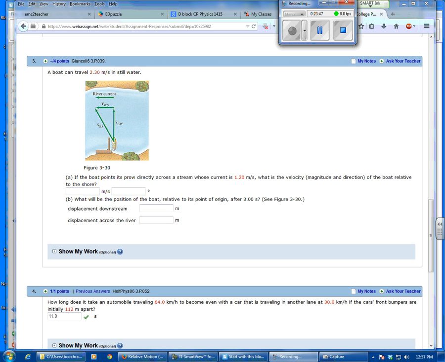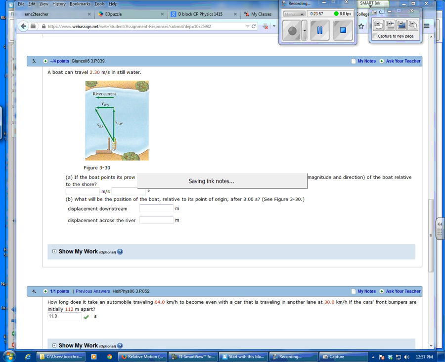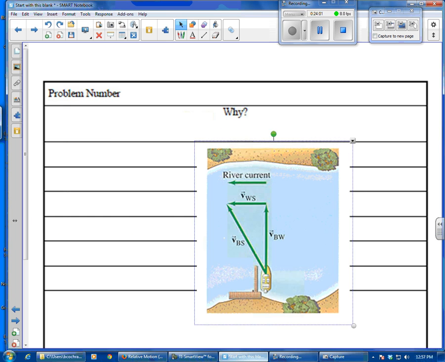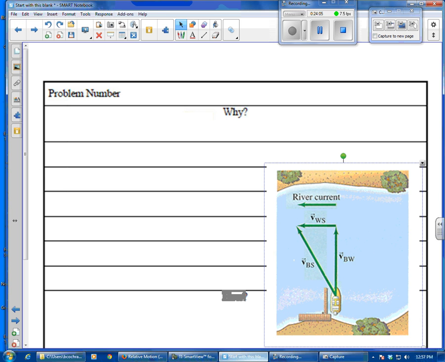Saved, nicely done for us. So let's go ahead and capture that, since they were so nice to have already kind of diagrammed it out. And we'll keep some of that. This is number 3.